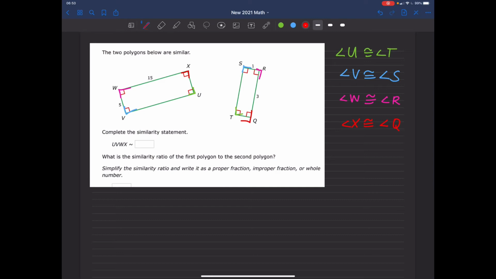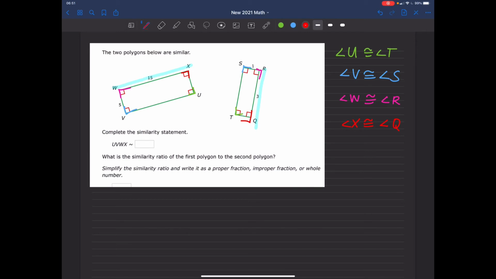So now let's talk about the similarity ratio. I'm just going to go ahead and say that WX is going to be similar to QR.